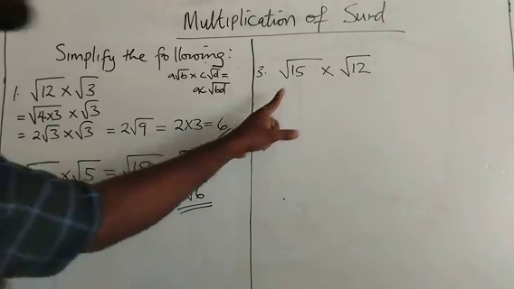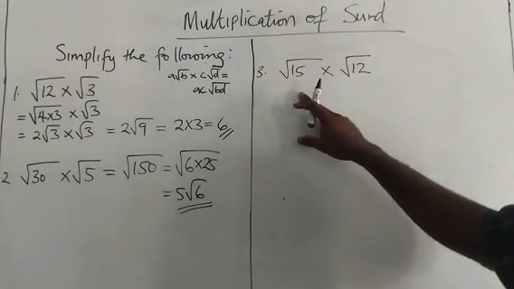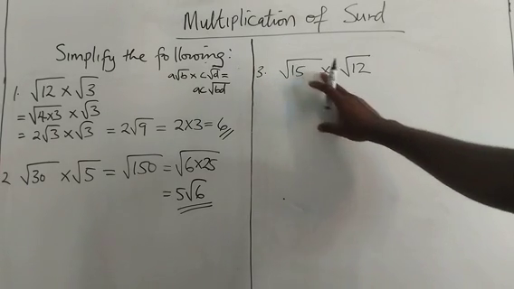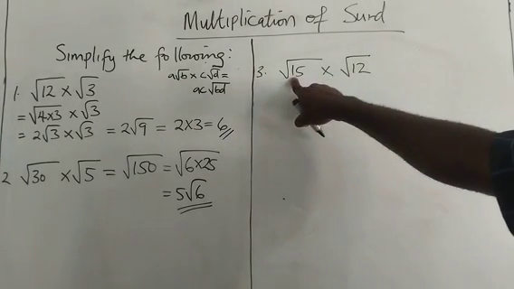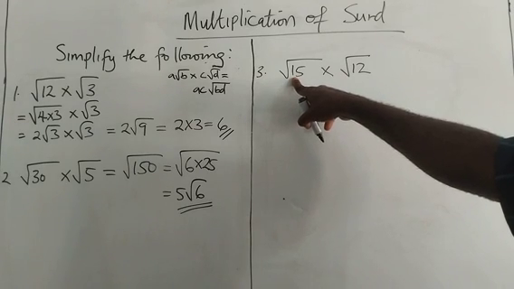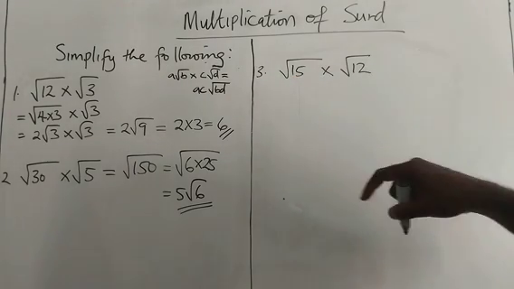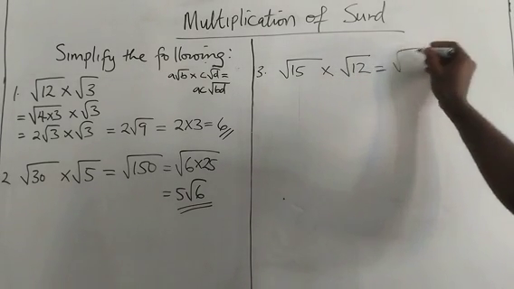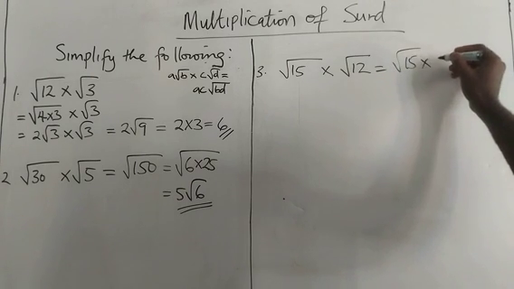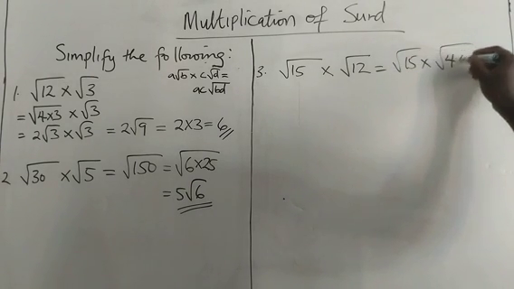To the third one, we'll have root 15 times root 12. We cannot simplify 15 any further, but we can simplify 12. And that gives us root 15 times root 4 times 3.